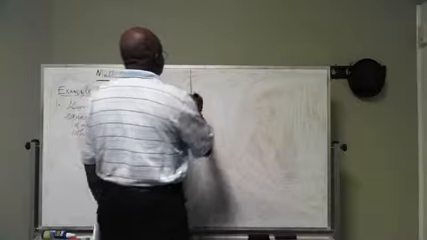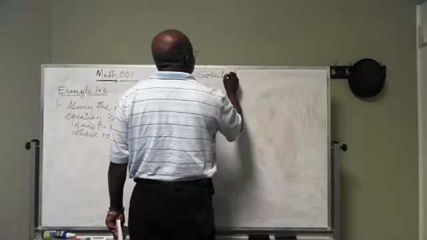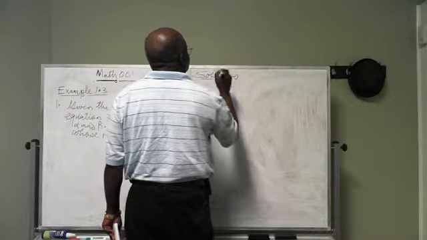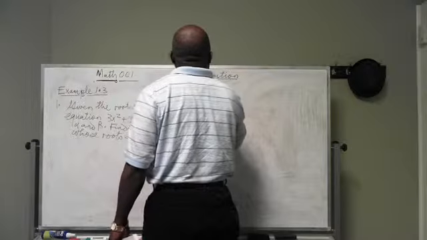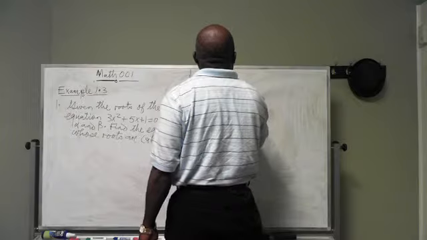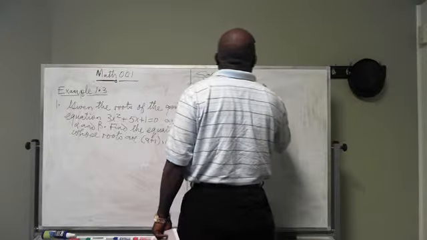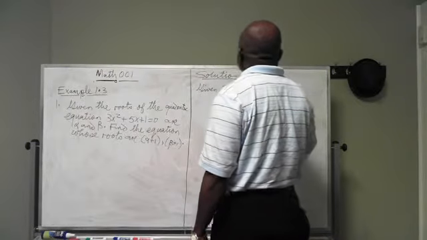Solution. Given 3x squared plus 5x plus 1 equals 0.